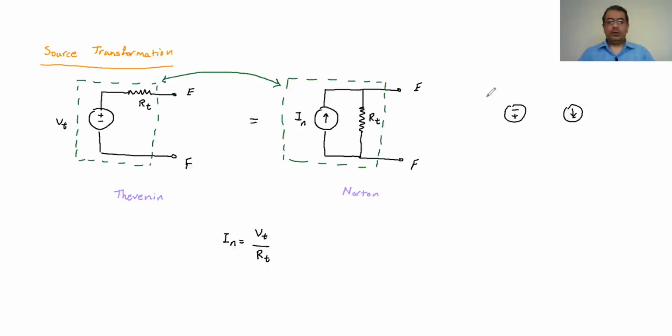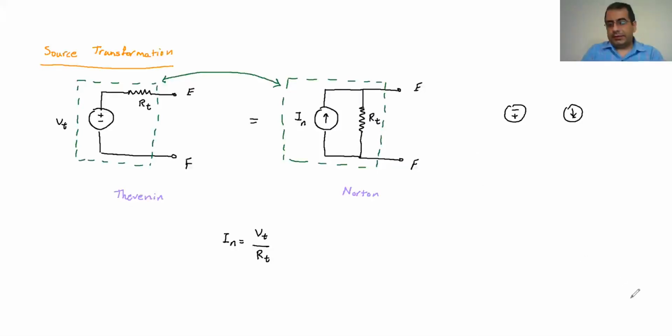Now here the positive is toward the top, so the arrow is toward the top. If the positive is toward the bottom, the arrow is going to be toward the bottom. That's the second point you have to remember when you use the source transformation.